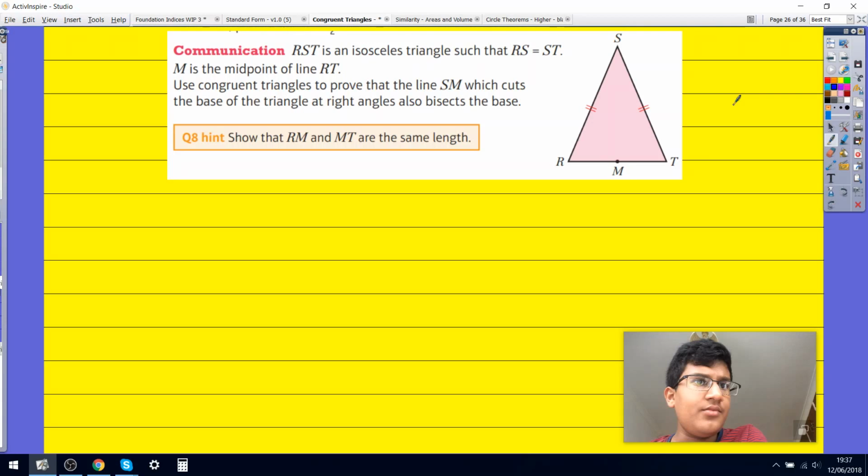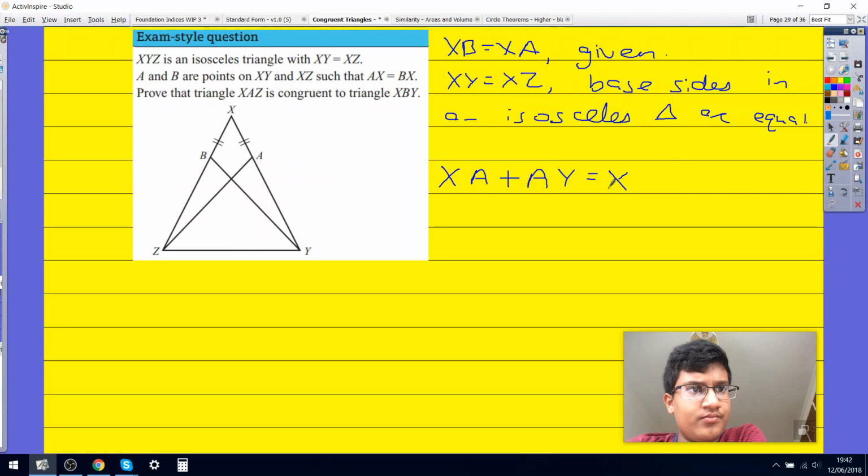I mean, I know they're equal sides. So I think what you would have to say is, or maybe I'll just keep it simple. XA plus AY equals XY, which equals XB plus BZ, is that right?